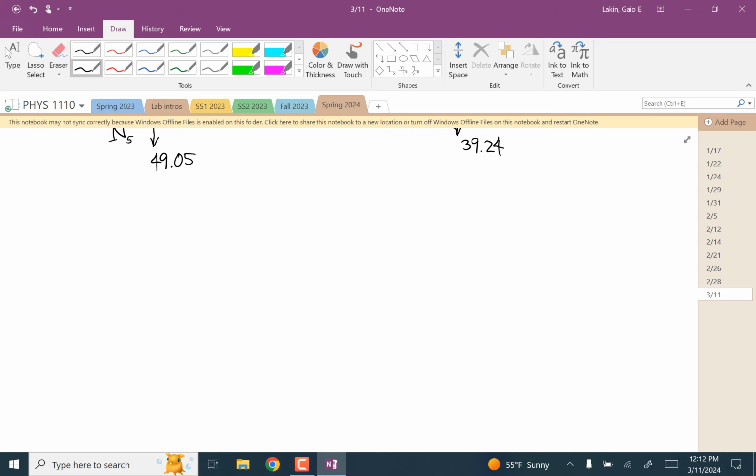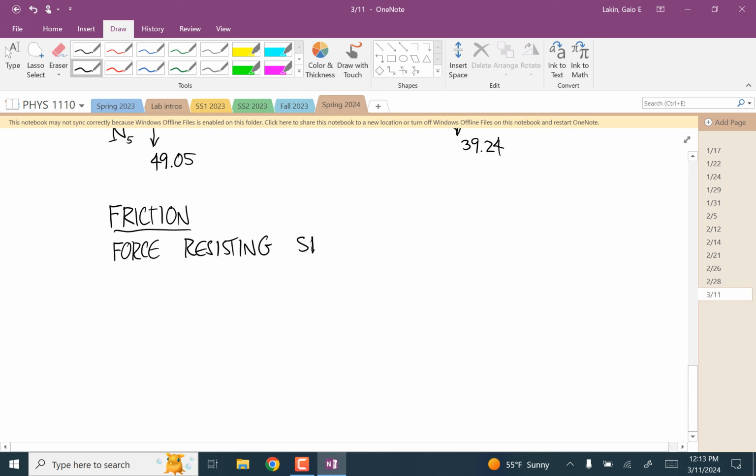Okay, so let's talk about the last one, friction. So friction is a force resisting sliding along a surface. There are two types of friction forces.